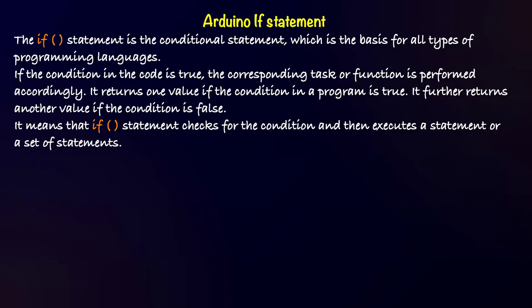That means, for example, if I'm using a temperature sensor, and if you don't know what a temperature sensor is, just go by the name, it senses temperature, right? So for example, I have built a sprinkler system. I will tell you how to build it in our future projects. So I have put a temperature sensor over there, and now I'm giving the condition.